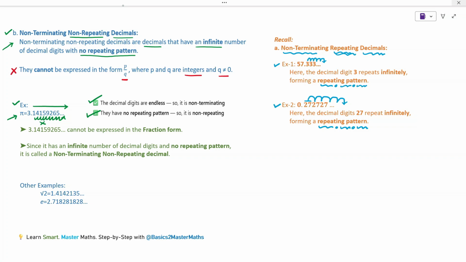Hence, the value of pi, that is 3.14159265, is an example of a non-terminating non-repeating decimal. Now let us conclude. Since the value of pi has an infinite number of decimal digits and no repeating pattern, it is called a non-terminating non-repeating decimal. Got it?